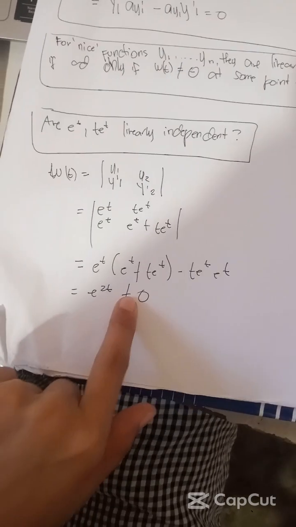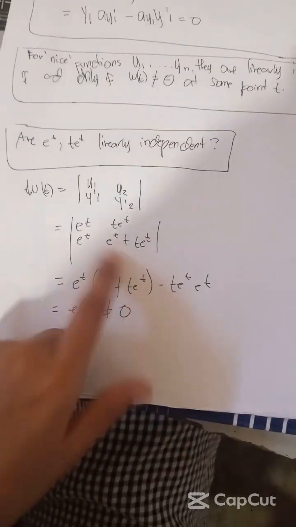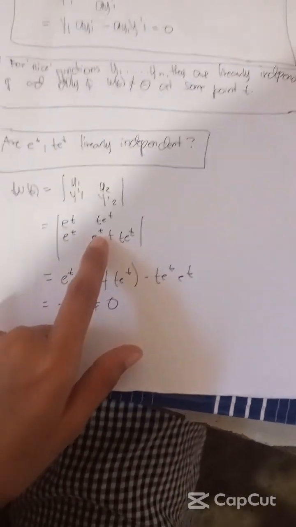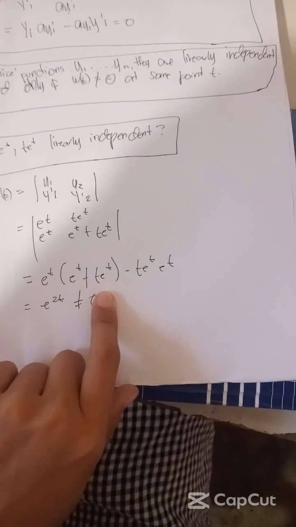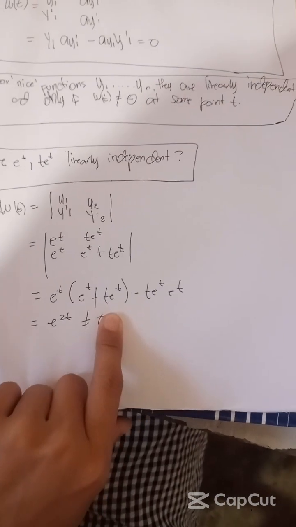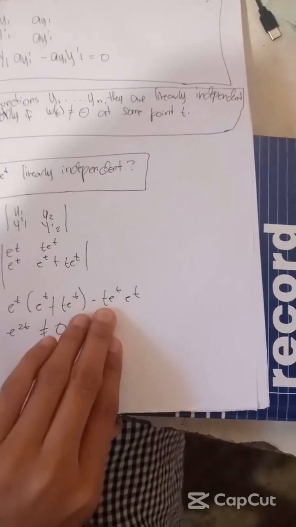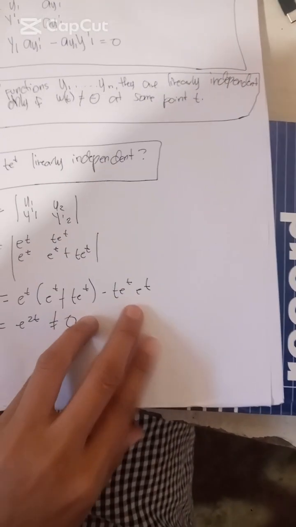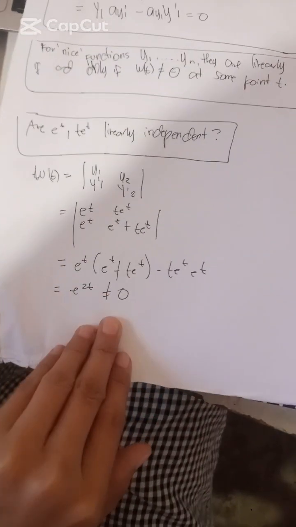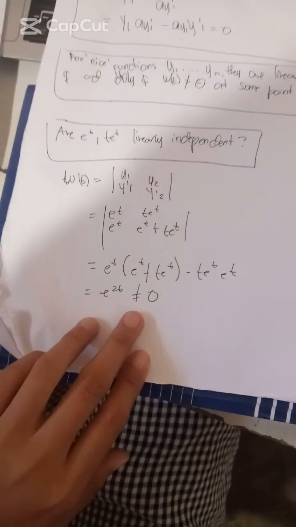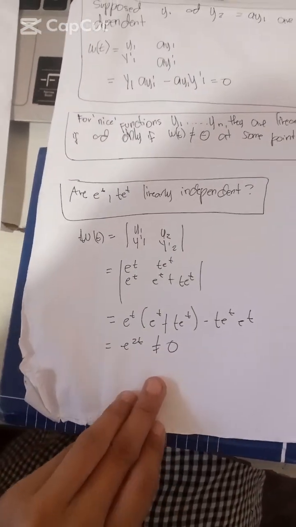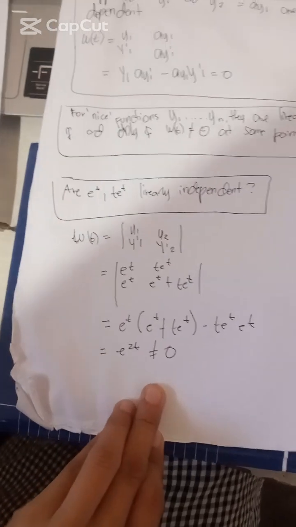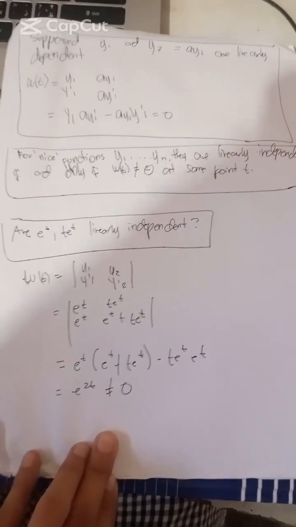So let's plug in: e^t times (e^t + t e^t) minus t e^t times e^t is equal to e^(2t), which is not equal to 0. Since it's never 0, these functions are linearly independent.